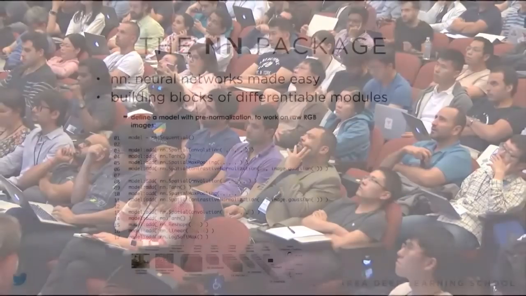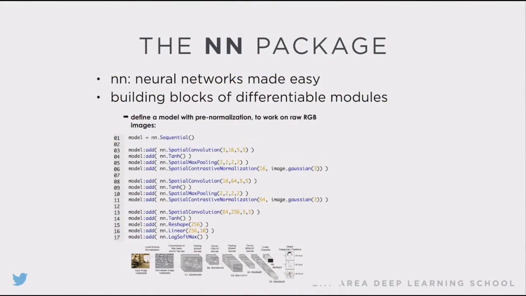NN is a package for building feed-forward neural networks, mostly feed-forward neural networks, by clicking Lego blocks together. So you might start with your input and then click together a fully connected layer, and then another fully connected layer, and then maybe some output. Here, I've defined a sequential container, which is going to be a container for all my Lego blocks.